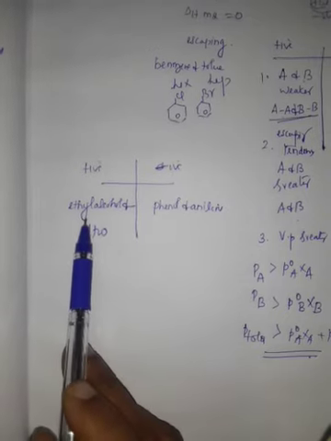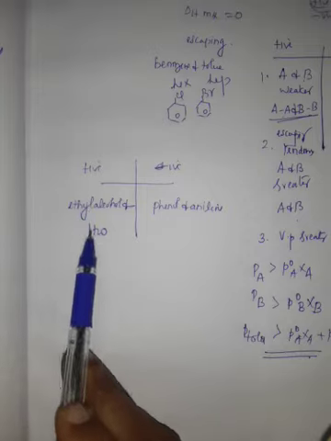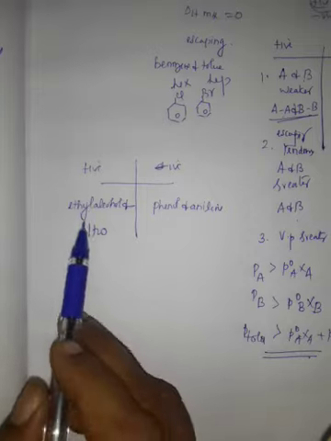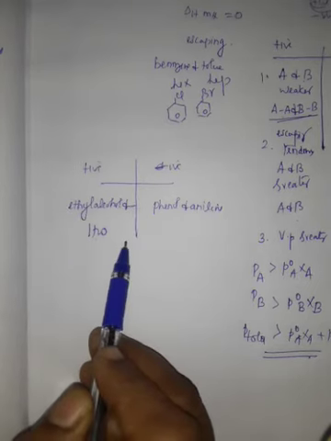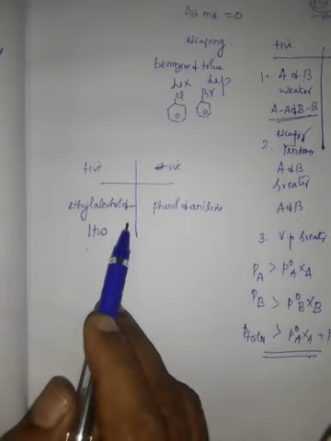Here the hydrogen bond interaction between ethanol and water is weaker. Positive means it is weaker than the hydrogen bonding interactions between ethyl alcohol and ethyl alcohol, and water and water.